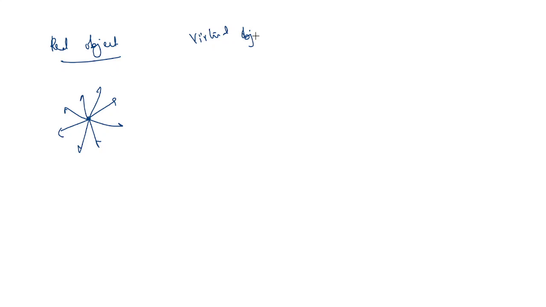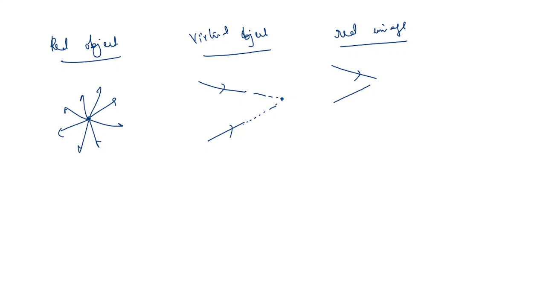A virtual object means the light rays appear to converge. So this point where they appear to converge is called a virtual object. In terms of image, a real image means it's a point where light rays actually converge.